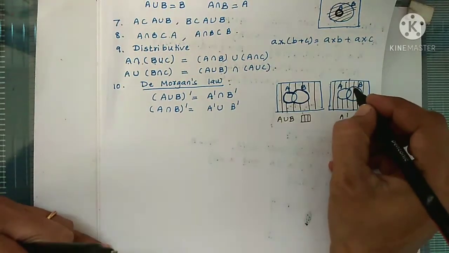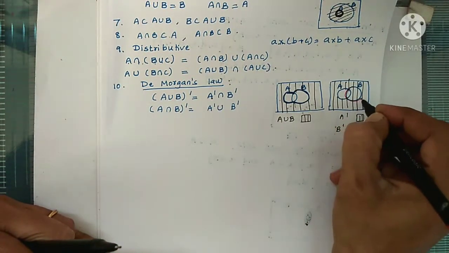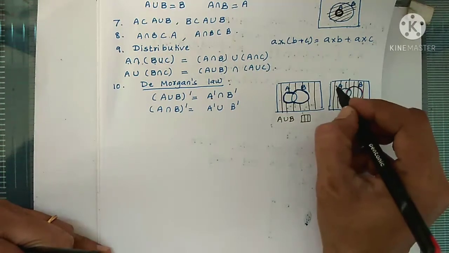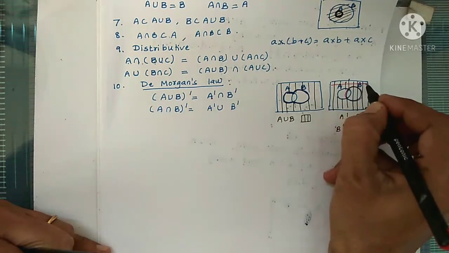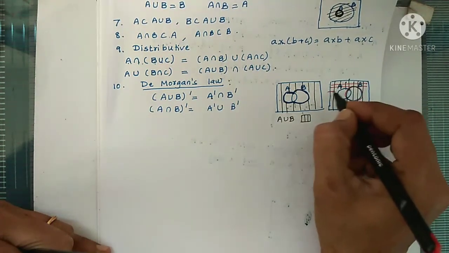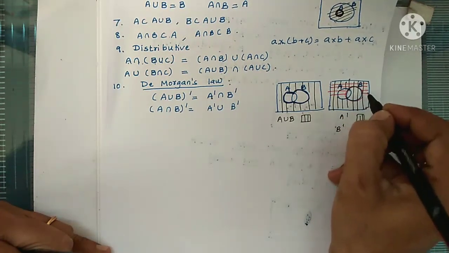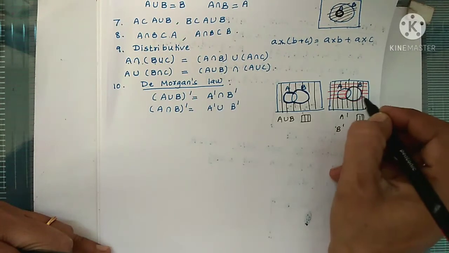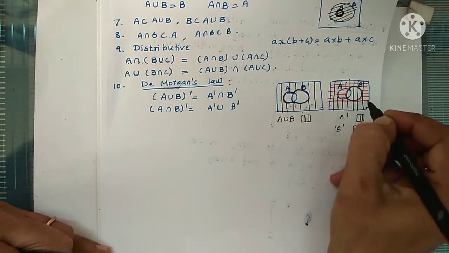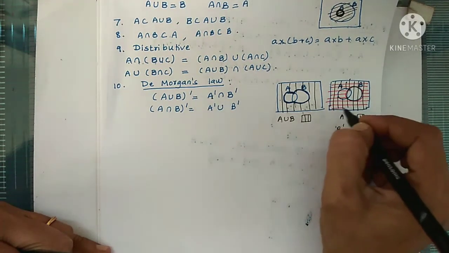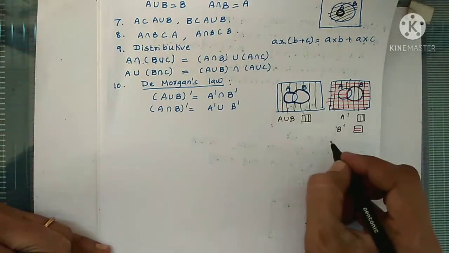So for B dash we have to consider circle B. Okay, this is circle B. Now shade the portion of the rectangle other than this circle B. So this is B dash. See, I am not shading the part of B now. So considering the circle B, we have to shade the remaining part of the rectangle other than B. So this is B dash.